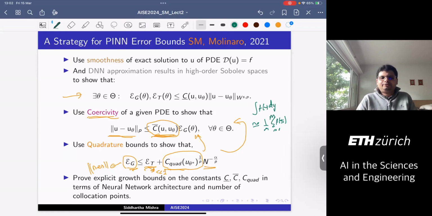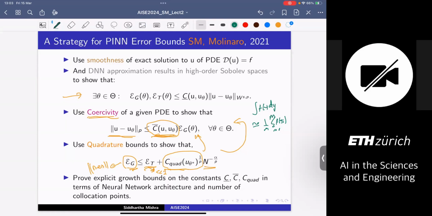Quadrature is any way in which you take an integral and approximate it discretely. Whether it's Monte Carlo, quasi-Monte Carlo, Gauss quadrature, or Newton-Cotes, all of them are included in the same ambit. Is that clear? Yes, perfect. Thank you so much.